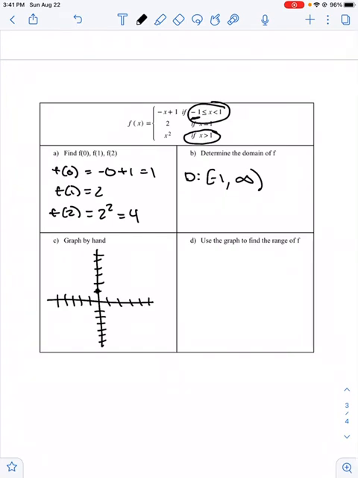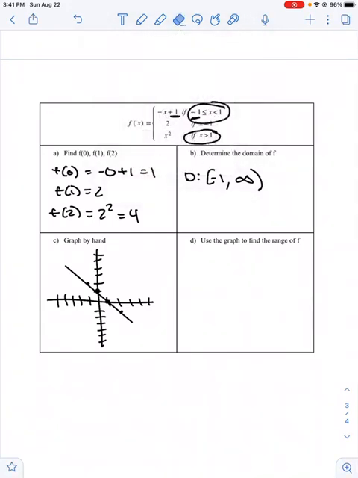So I'm going to start at plus 1 because that's my y-intercept, and then do my slope of down 1 over 1, down 1 over 1, or up 1 over 1. And you can connect your points. And it should look something like this. But we know that this only is between negative 1 and 1.